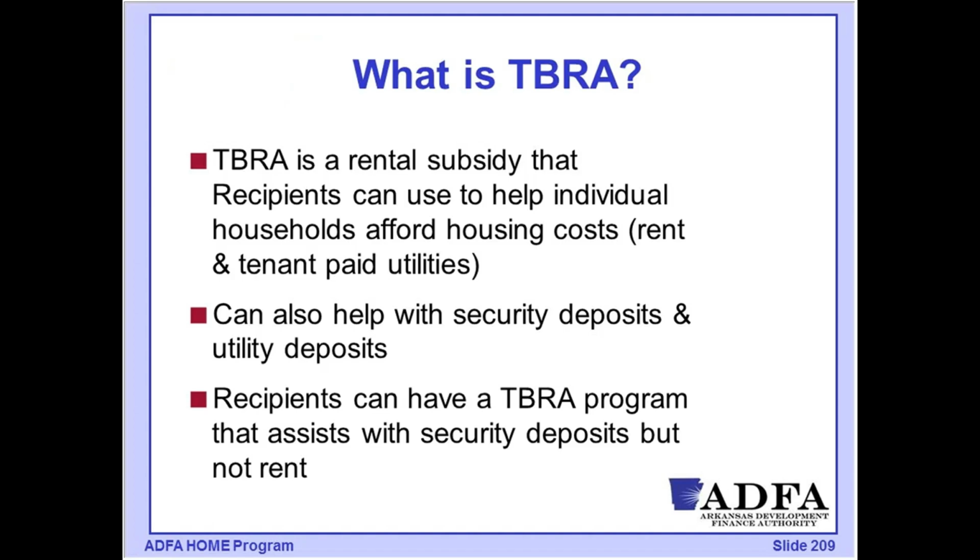So TBRA, tenant-based rental assistance, is a rental subsidy program where the assistance goes directly to the tenant, and it stays with the tenant. So the tenant could move from property to property, and that assistance would follow them. When we mentioned before project-based subsidies, those are subsidies provided to a particular property.